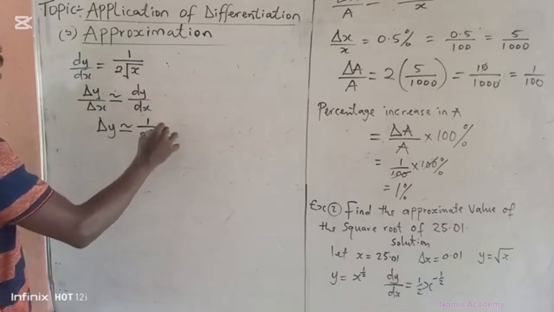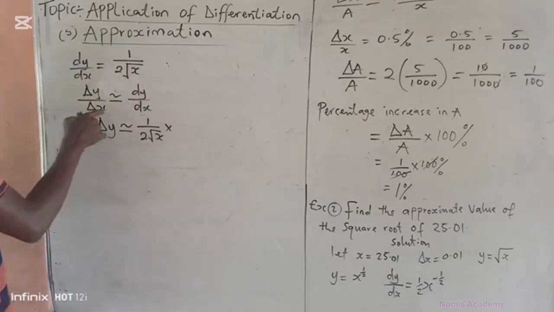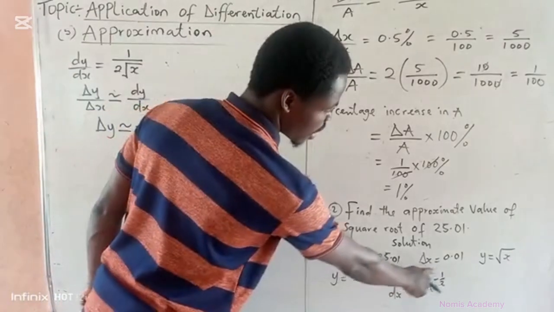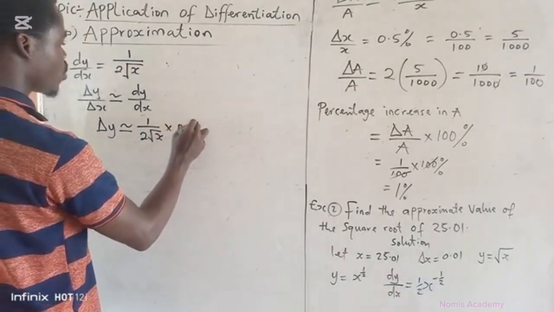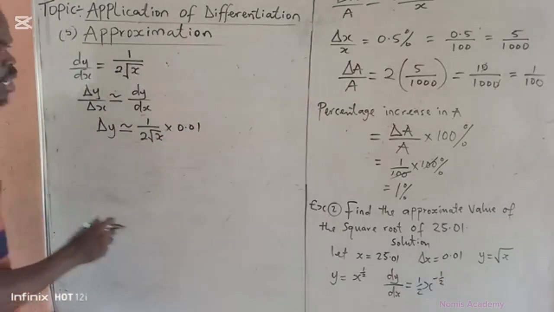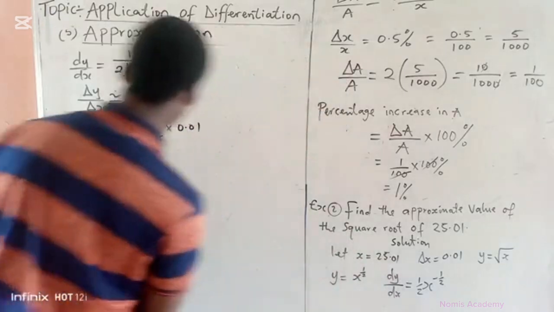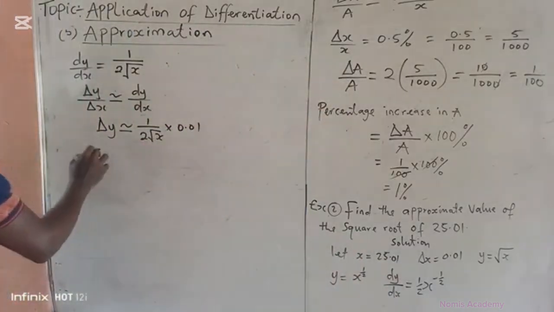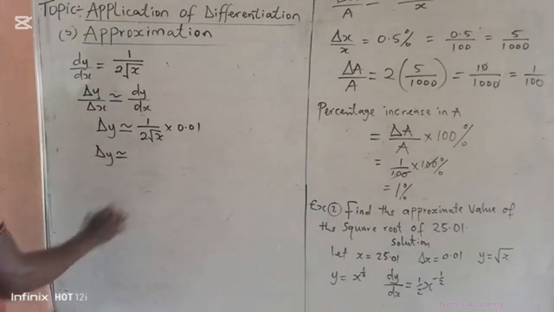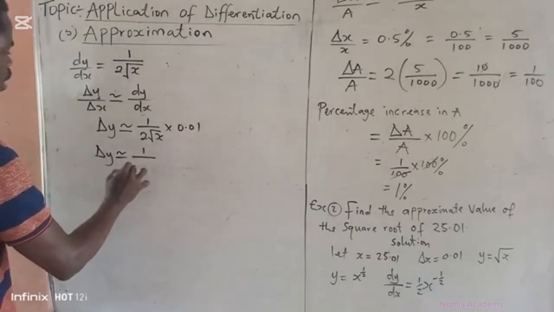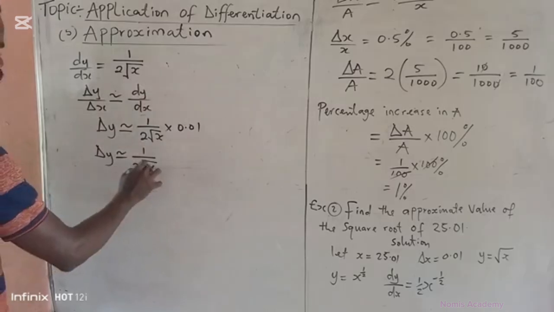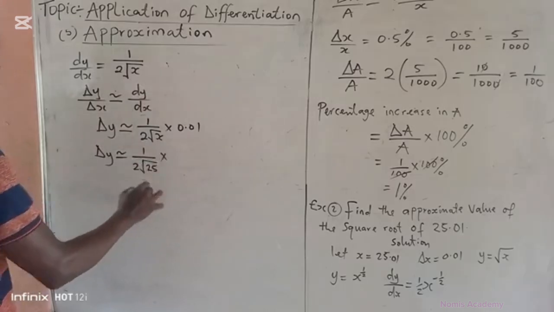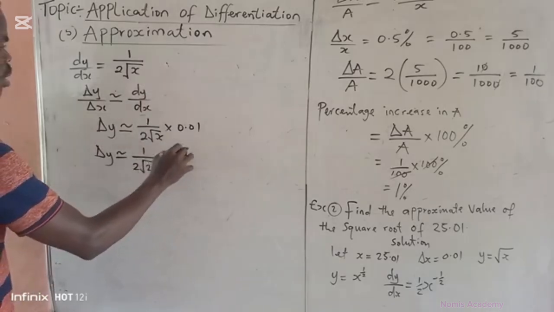Then we cross multiply by delta x. Delta x is 0.01. So we can go further to put in the value of x. Delta y is approximately equal to 1 all over 2 square root of 25, multiplied by 0.01.